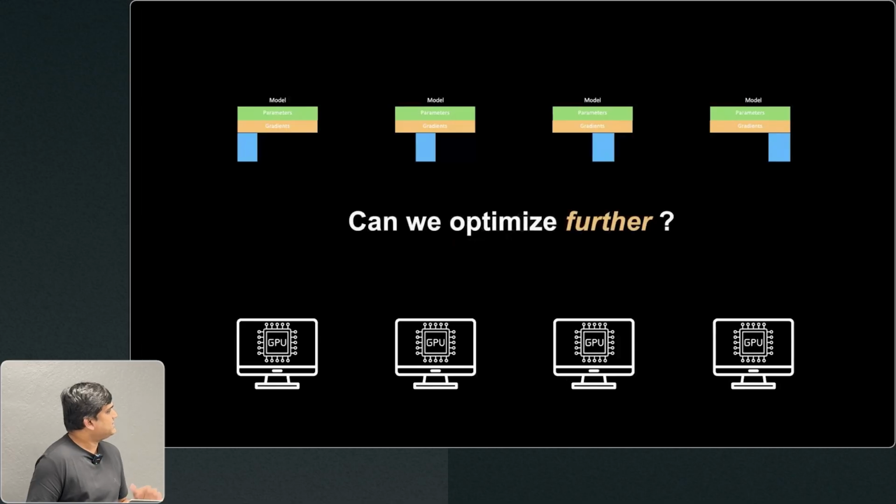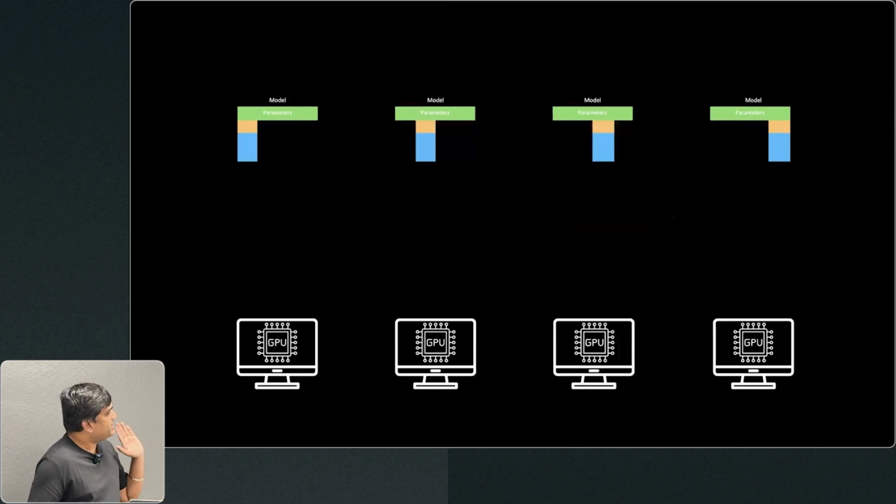But let's say it is still not enough for one GPU, right? So this model is so big that you cannot even have this in one GPU. What can we do? We can shard even the gradients. So in this case, the communication will be even more, right?